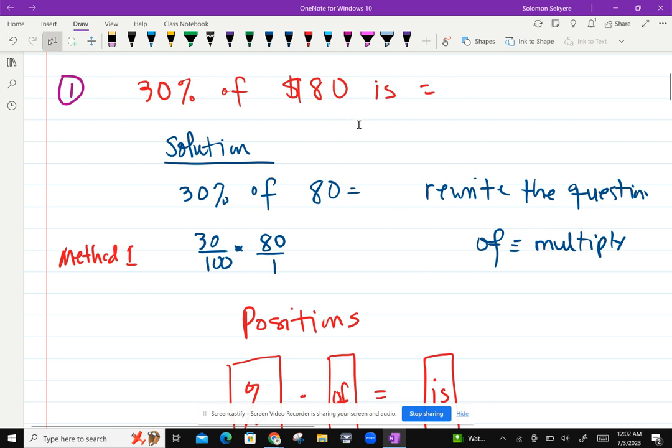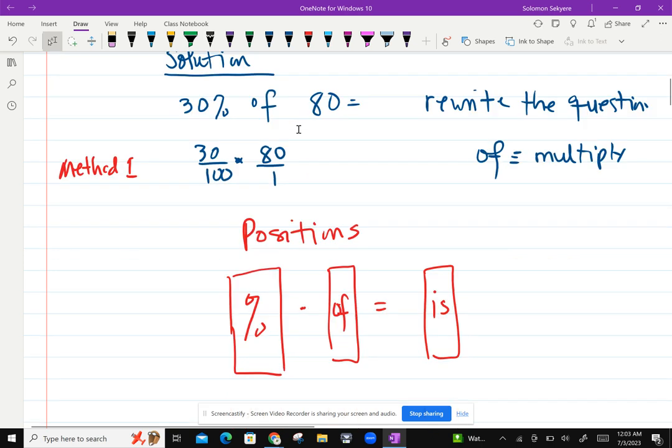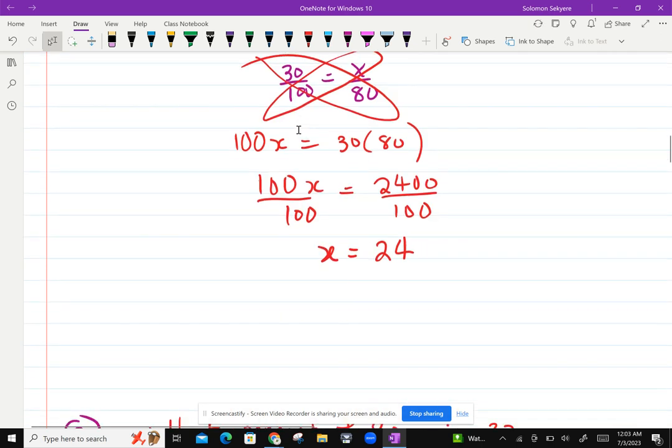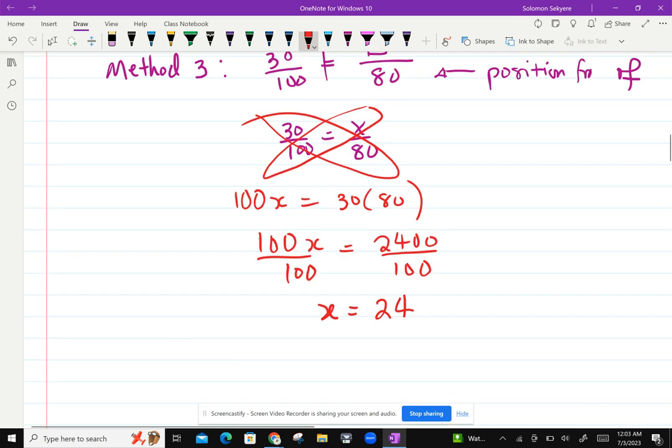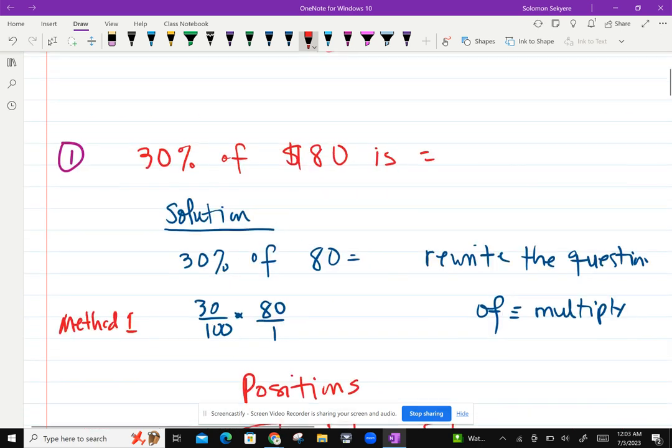Anyway, the first question we have here is: 30% of 80 is what? Whenever you get these questions, ask yourself, what have you been asked to calculate? Is it a percentage or is it a number? Compare that question to: what percent of 80 is 32?